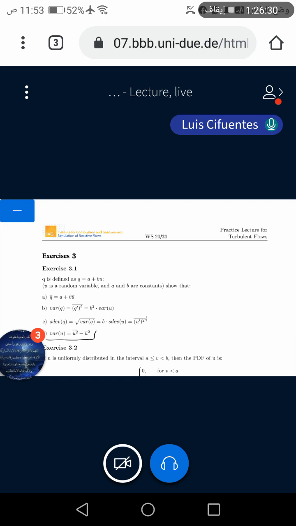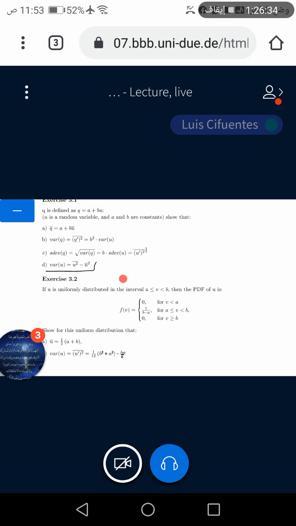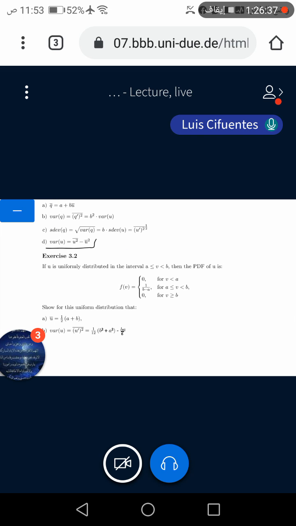Okay, so we have this second part here. Yeah, we have this PDF that takes this value with this interval between A and B. Oh, actually, this should be U. Okay, whatever, it's a variable.